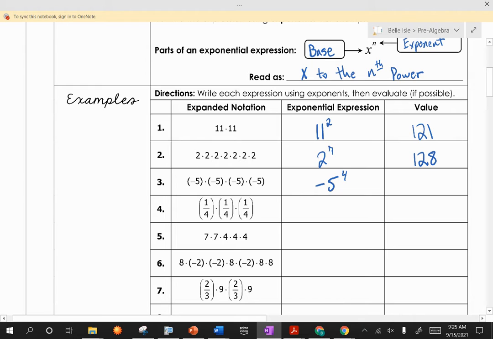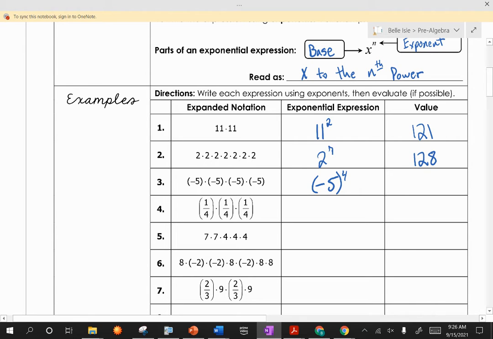But we're wanting to multiply -5 by itself, right? So you need to write it with parentheses. You're showing that the exponent includes that negative sign with the number.